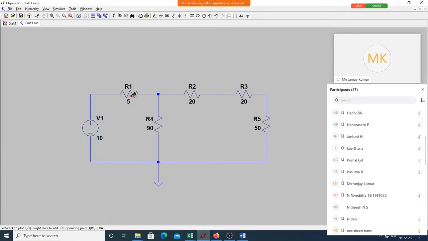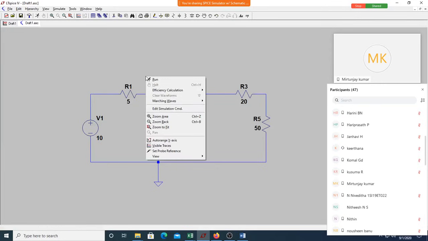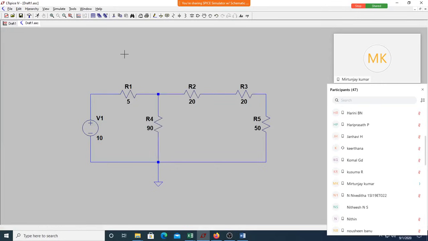Yes, sir. In such a case, if I do dot OP, the current through R1 will be negative. So I will select that resistor and rotate it twice. Now I'll place it. Can you see how the current is going?